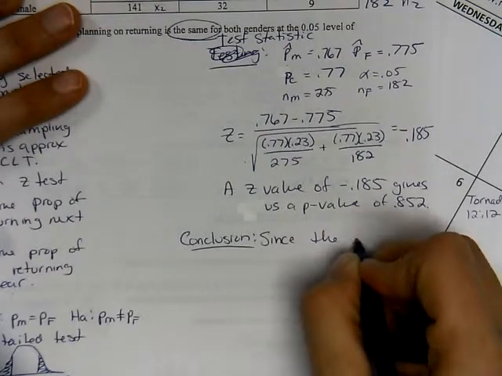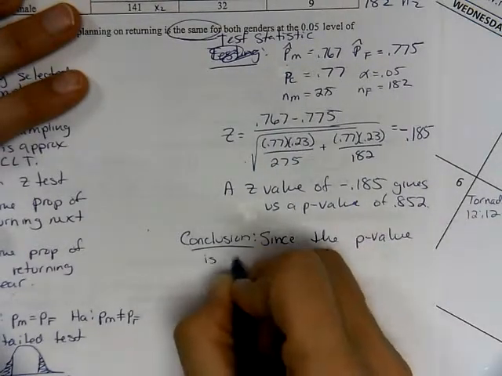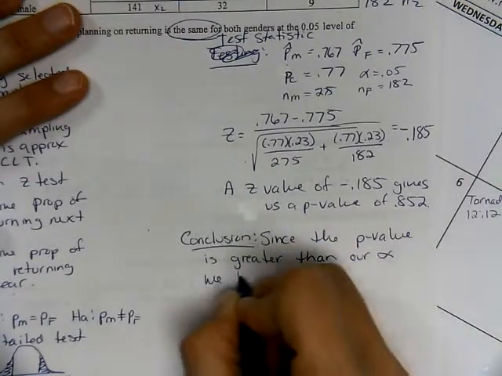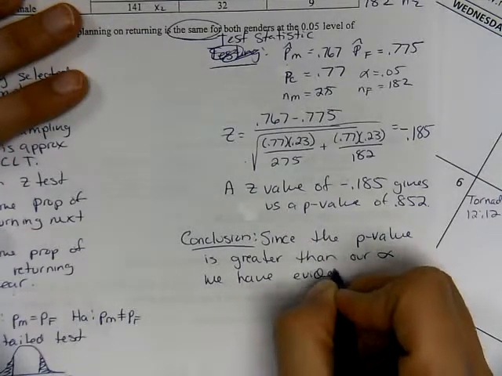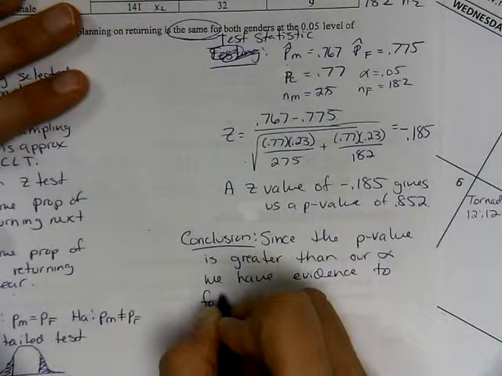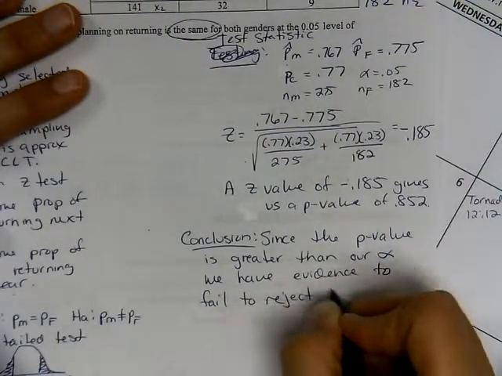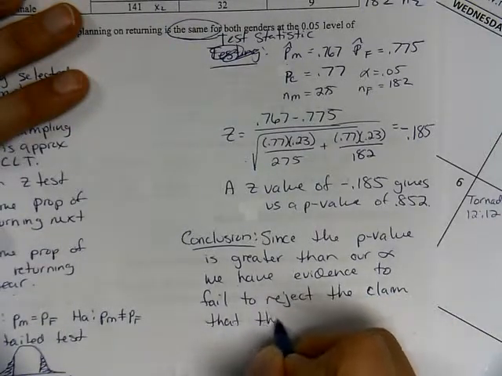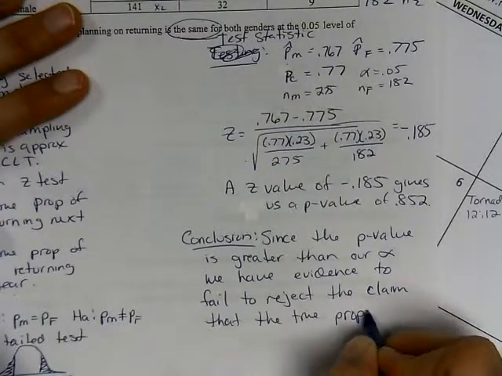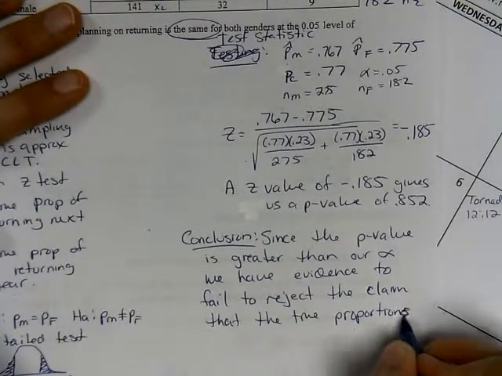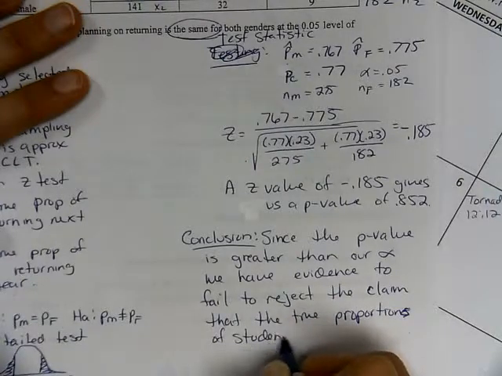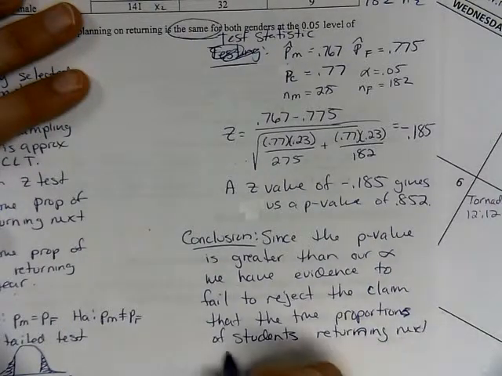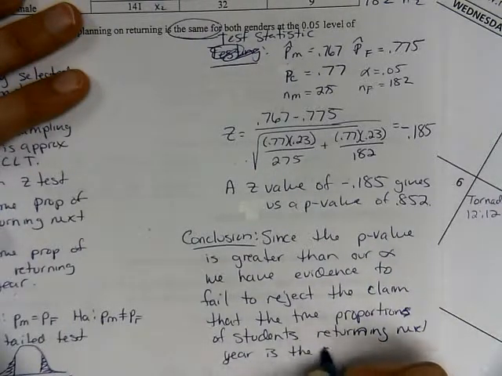So since the p-value is greater than our alpha, we have evidence to fail to reject the claim that the true proportion of students returning next year is the same for both genders.